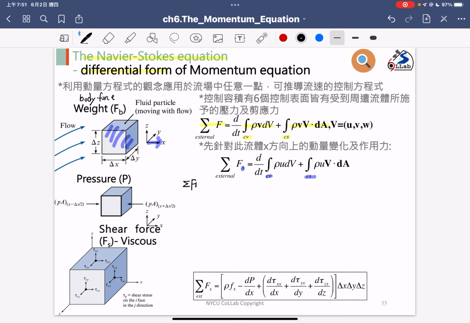If we have some acceleration like gravity, we have the body force contributed by the acceleration.